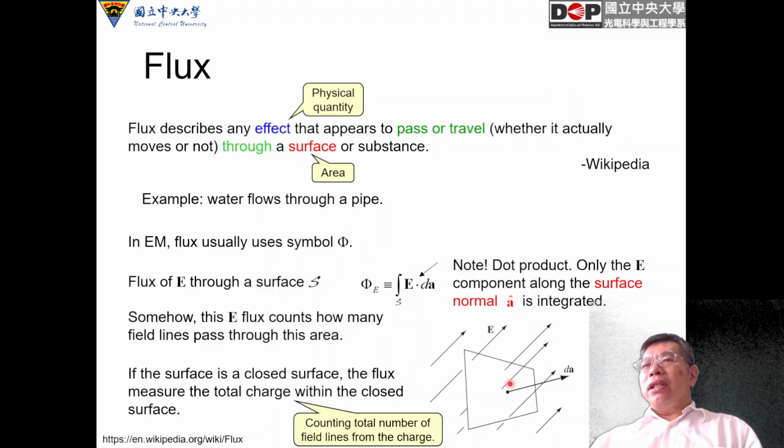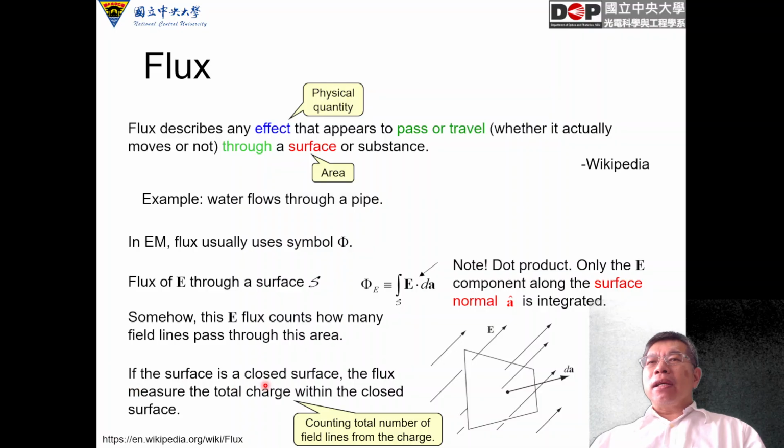So we just consider the projection along the surface normal direction. Note, in the dot product, only the electric field component along the surface normal direction is integrated. That's it. So here is the definition.